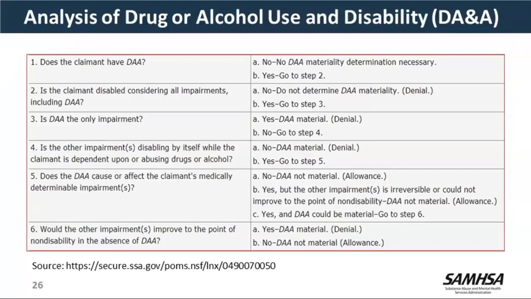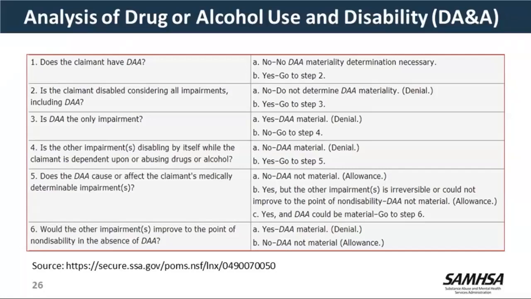The only time that the case would move on to the next step is if the drug abuse or alcoholism is clearly affecting the claimant's medically determinable impairments, and it's not clear whether those impairments would be irreversible or if they would not improve. So then it moves on to the 6th step in the sequential evaluation for materiality. And that asks the question, would the impairment improve to the point of non-disability in the absence of DA&A?